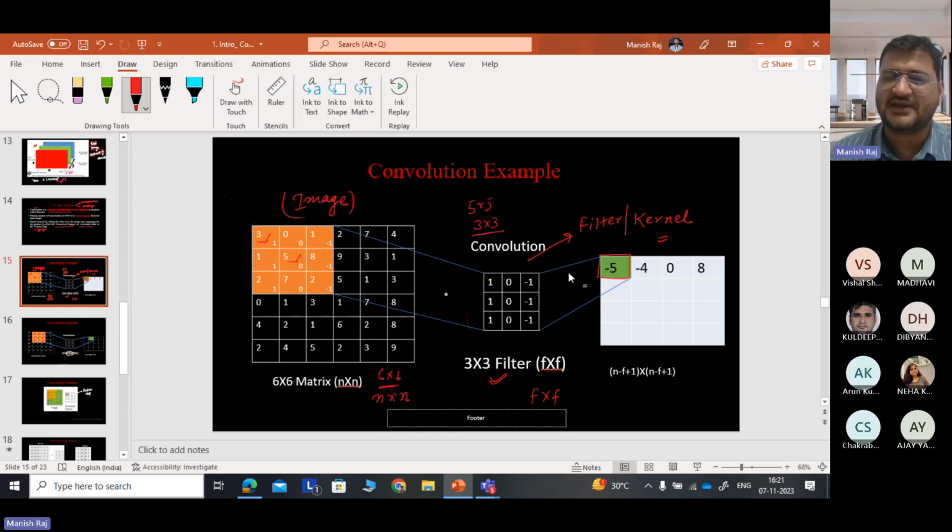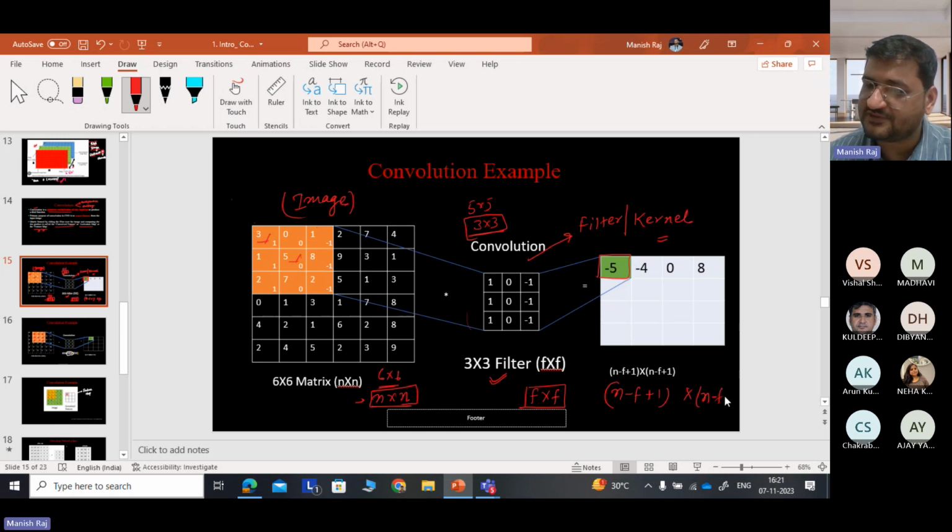But most of the time the size is 3 cross 3. So if you take this type of structure, the 2D array is n cross n and the filter is f cross f, the answer is n minus f plus 1 cross n minus f plus 1. So the size of the feature map will be like this.